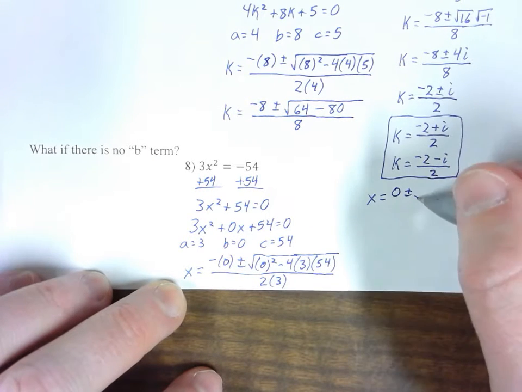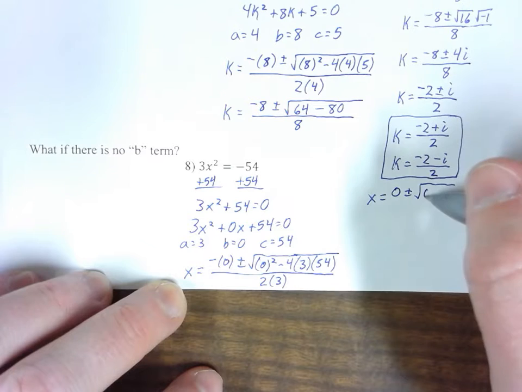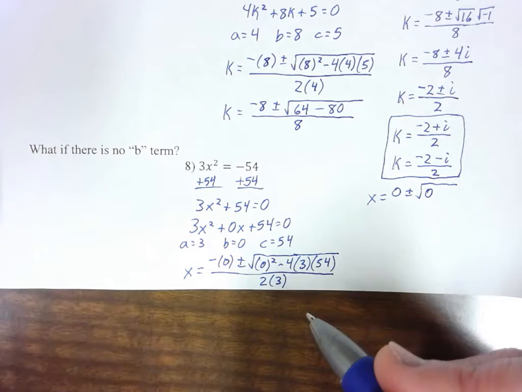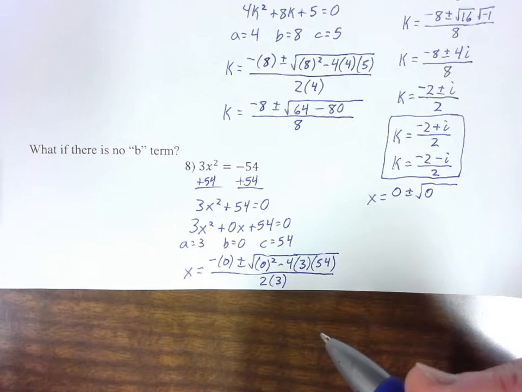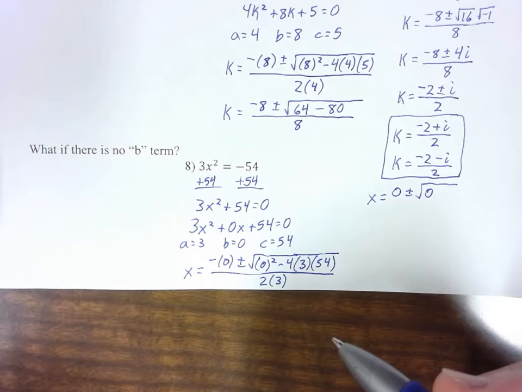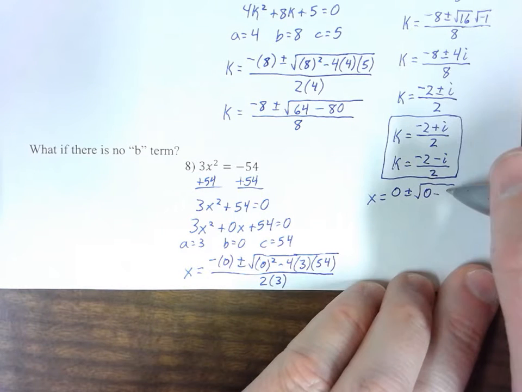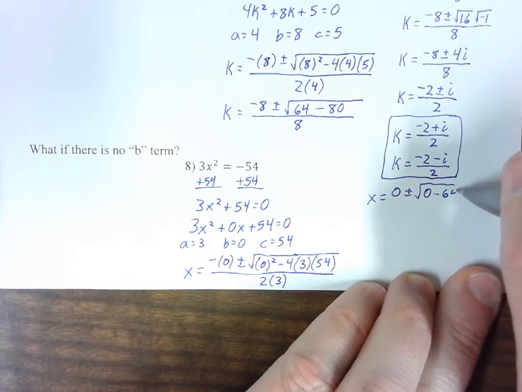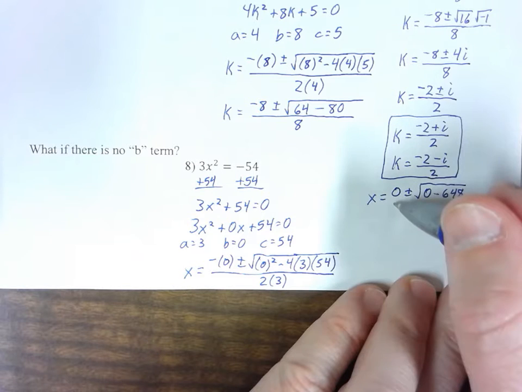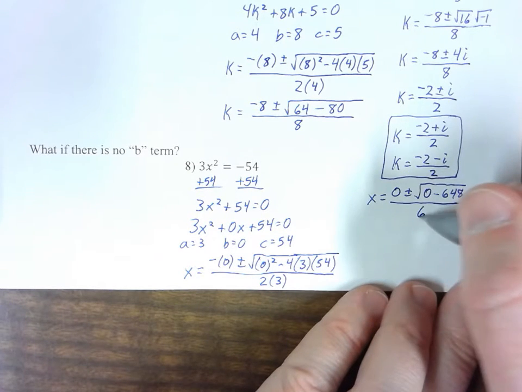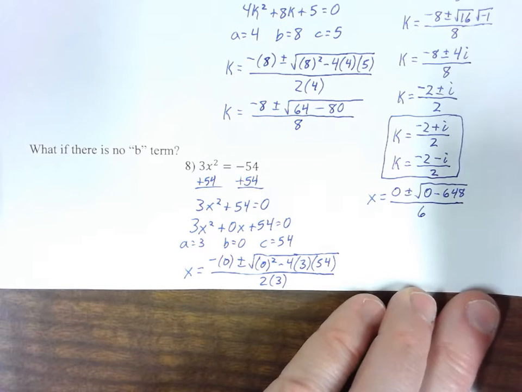Zero squared is 0. Negative 4 times 3 is negative 12. Negative 12 times 54. I have to stop and think about this one. I believe it's 648. I'll have to go back and check that. And 2 times 3 is 6. Yeah, I think it's 648.